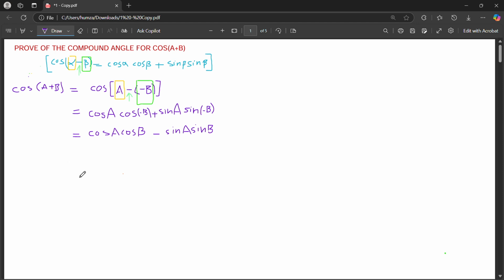Now we can say therefore cos(alpha plus beta) will give you cos A cos B minus sin A sin B. And hence this is proved.